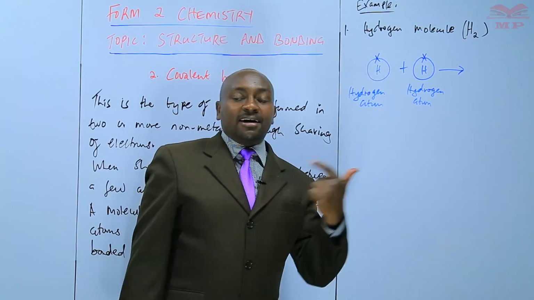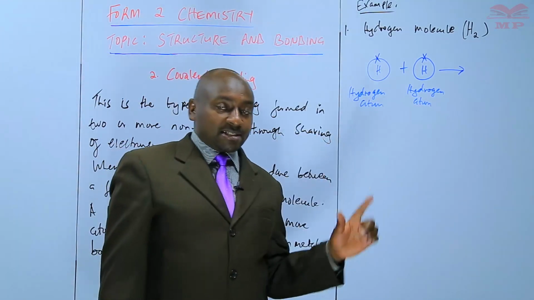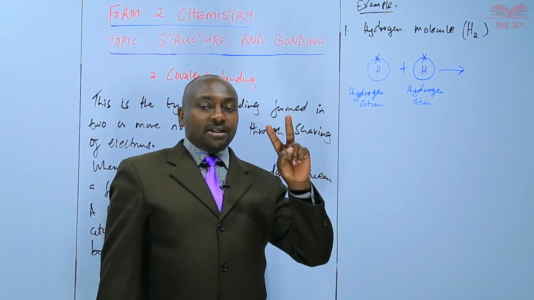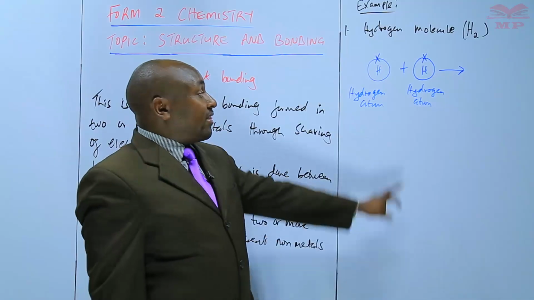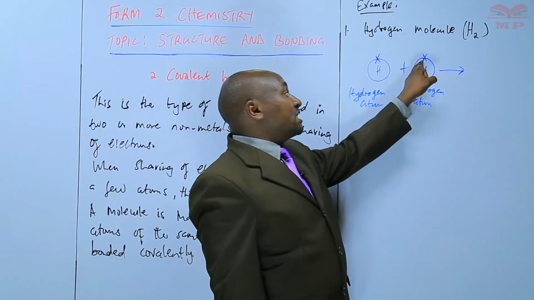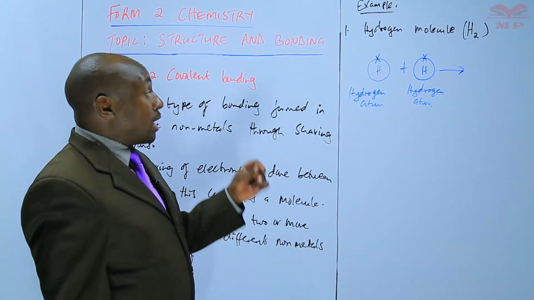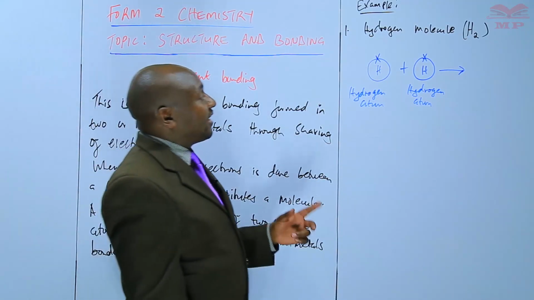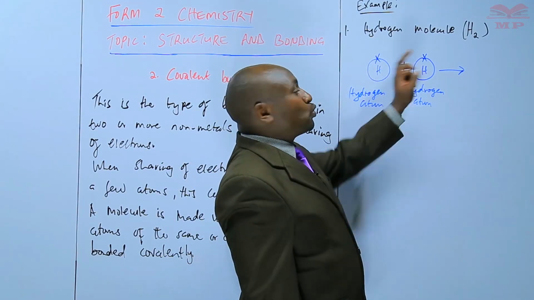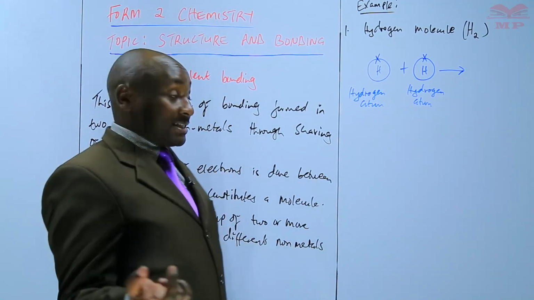It needs another electron so that it can attain a duplet. An electron arrangement of 2 is what you are calling a duplet, which is stable. The other hydrogen atom, the same. It has only one electron, so it is not stable. It needs another electron. So what will happen is that the two atoms will come together and then they will share the electrons. So they will share the 1, 2 electrons so that they attain a stable duplet.